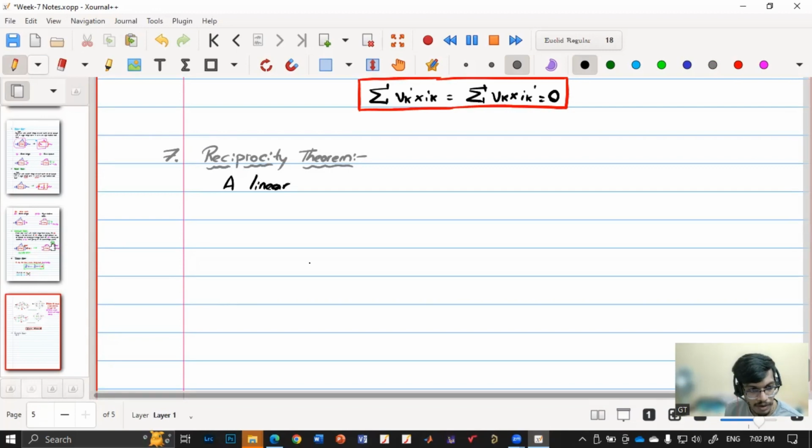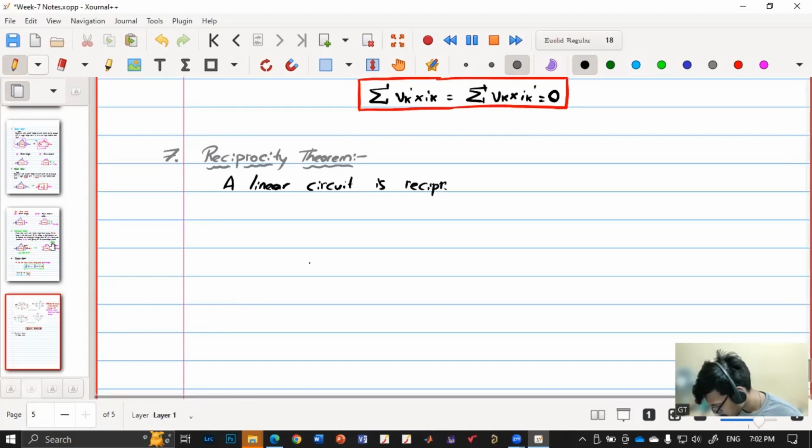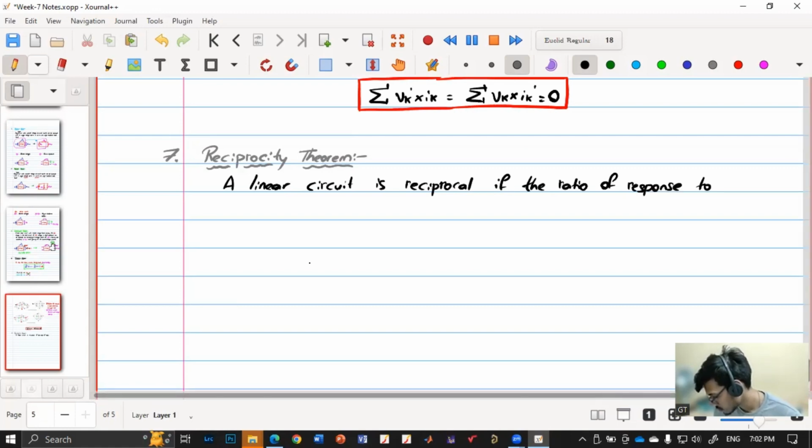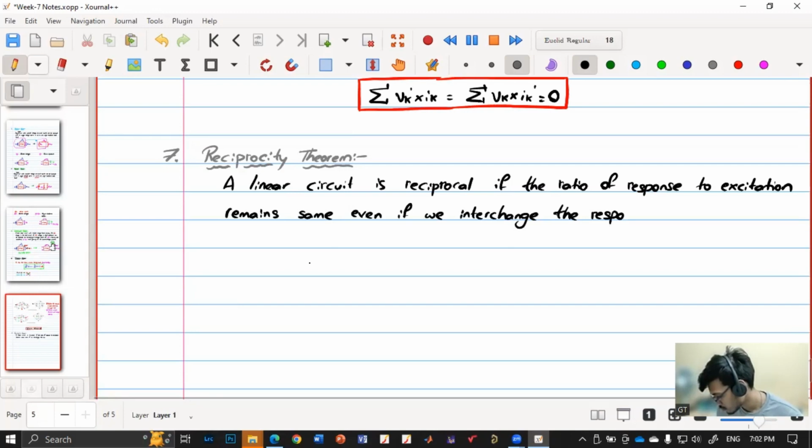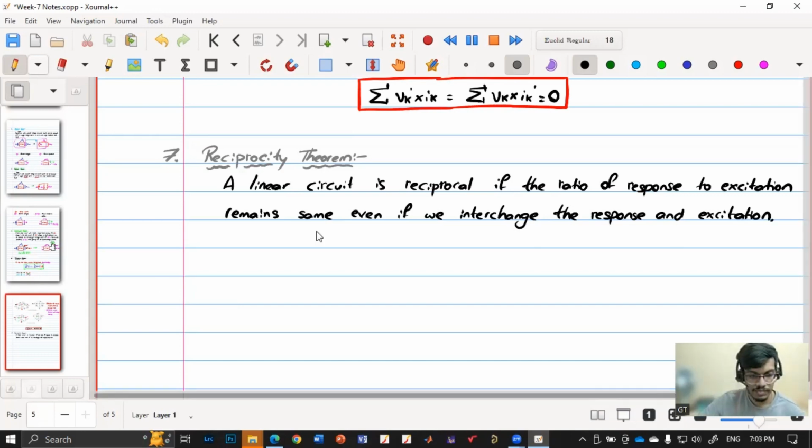A linear circuit or network, here purely resistive, is reciprocal if the ratio of response to excitation remains the same even if we interchange the response and excitation.